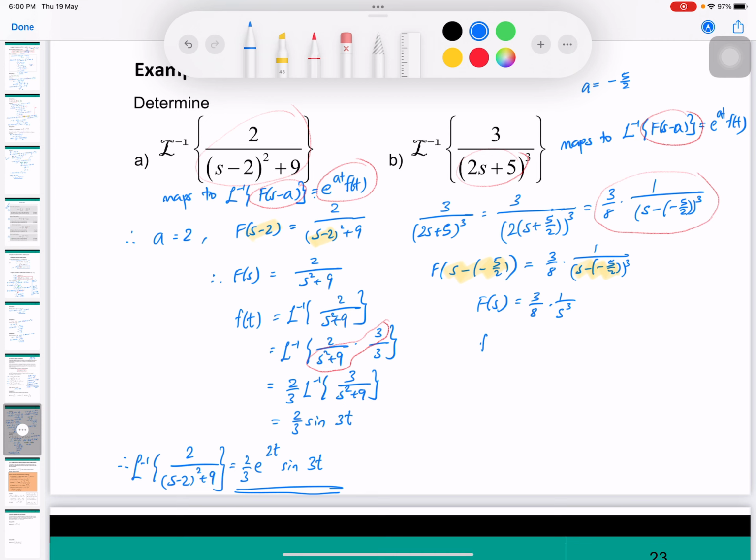And with that, we need the f of t first. Later on, you need to use it here. f of t equals to 3/8. Maybe I'll write the inverse Laplace first. Okay, 3/8 inverse Laplace of 1 over s to the 3.